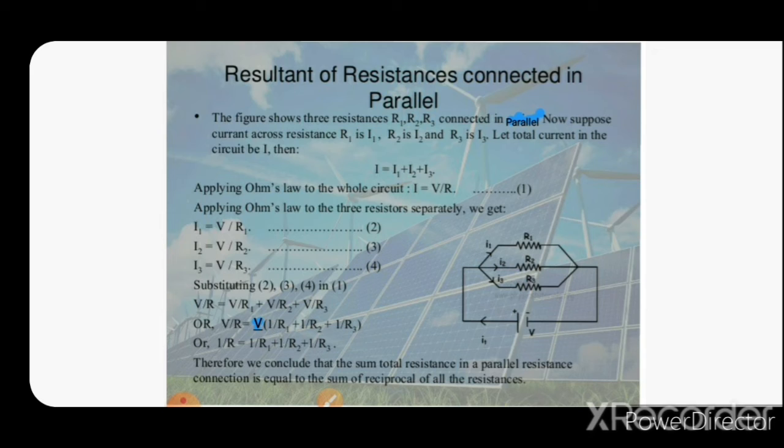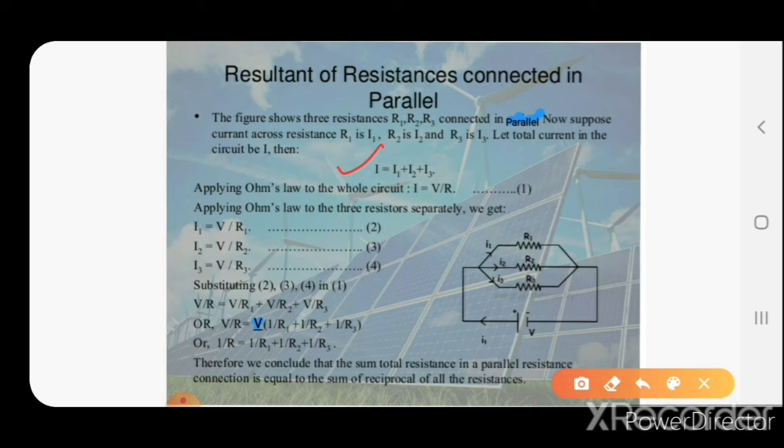The total current I is equal to the sum of the individual currents, that is I1 plus I2 plus I3.